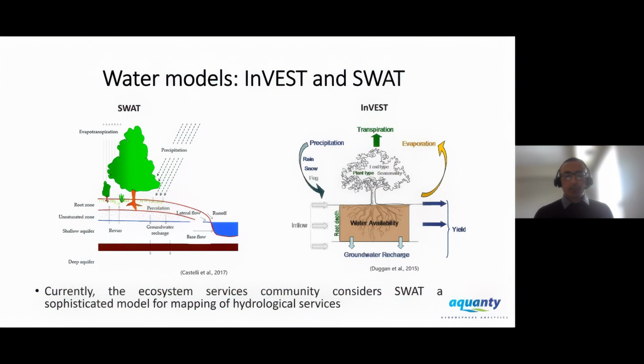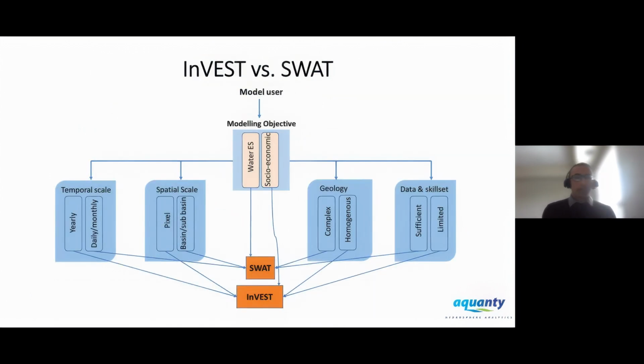So we put forth a selection criteria for these two types of models. The first thing model users need to think about is why they want to use a model. If they just want to map water ecosystem services, they can go with SWAT.